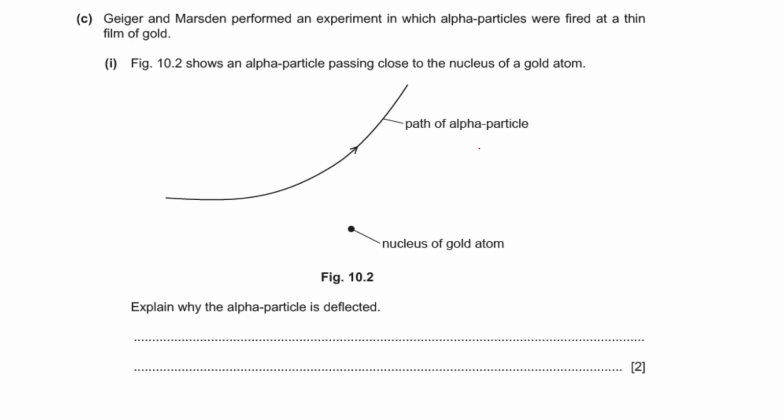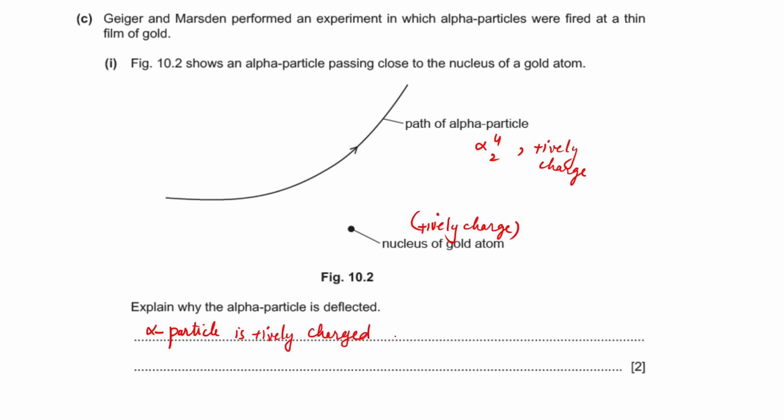Remember, alpha particle is a heavy particle, 4 2, with two protons, two neutrons, and is positively charged.